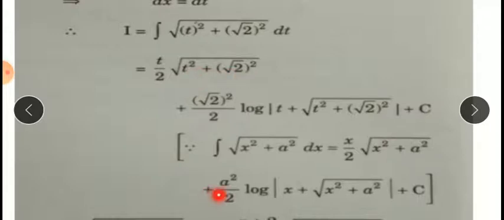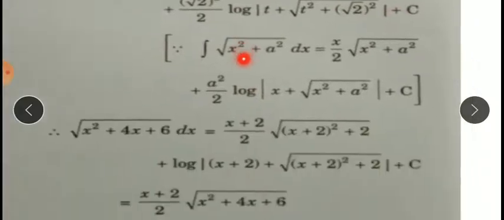Similarly this is plus a square by 2, that is root 2 square by 2 log x plus root x square plus a square, log t plus root t square plus root 2 square plus constant of integration.